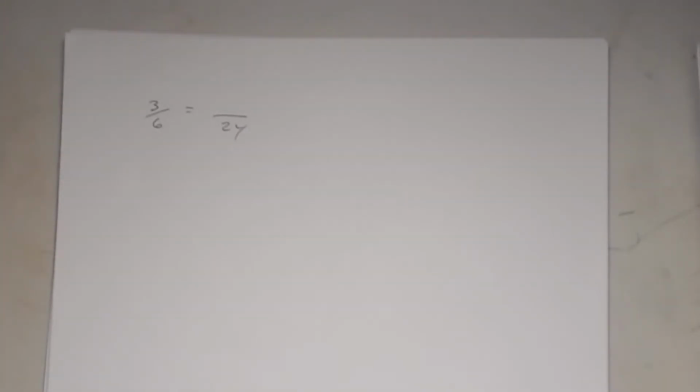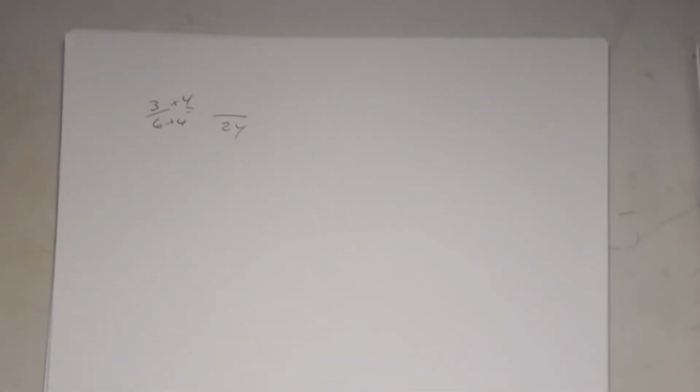What did you do to find that numerator? You figured out what you multiply the denominator by to get 24, then multiplied the numerator by the same. So 6 times what is 24? 4. And what you do to the denominator, you have to do to the numerator to keep it equivalent. So 3 times 4 is 12. That's the idea you're going to use with the variables, with those expressions.